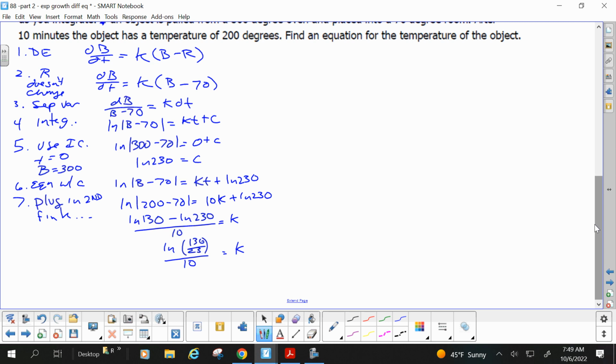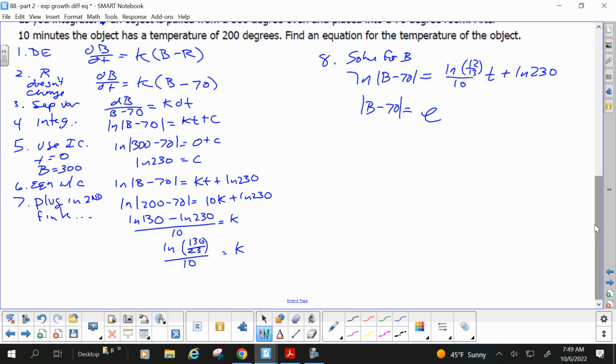All right, now we're going to solve for B. If log of the absolute value of B minus 70 equals log of 13/23 over 10 t plus log of 230, then I could exponentiate. And when I exponentiate, it's e to the all of it, yeah?